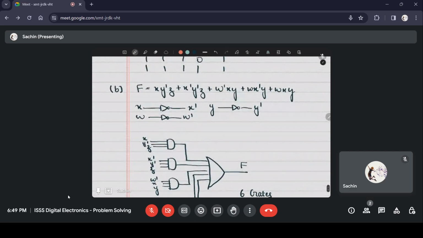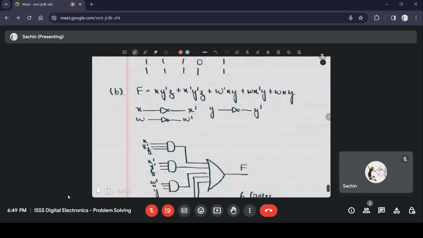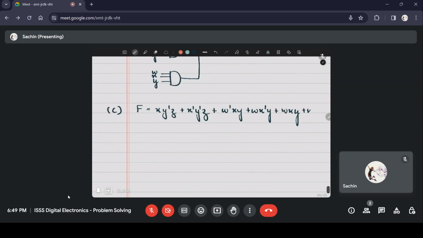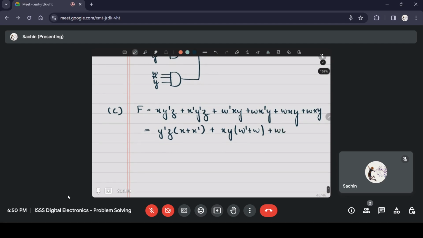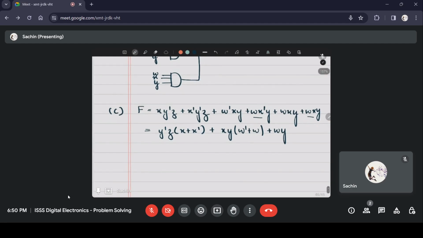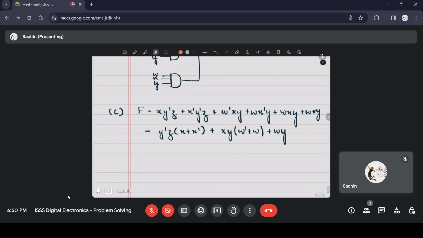Just to make grouping simpler, we'll write wxy twice, which won't change the expression. We'll take out y prime z common in the first two terms. We'll take xy common in one of these wxy and w prime xy, and we'll take wy common in wx prime y and the other wxy term. So that's why I wrote the last term twice.